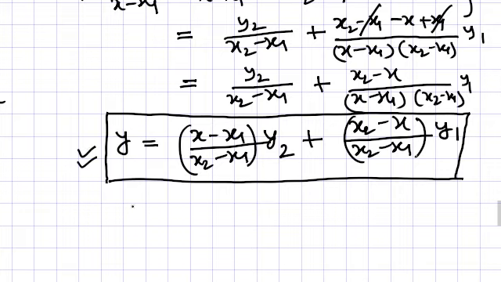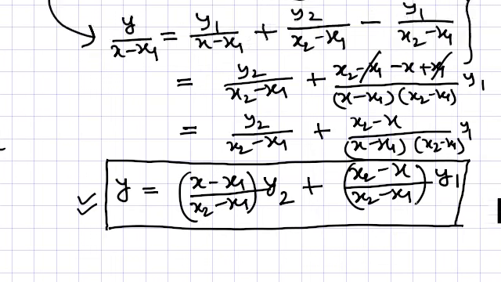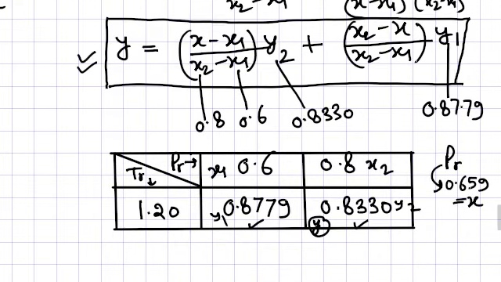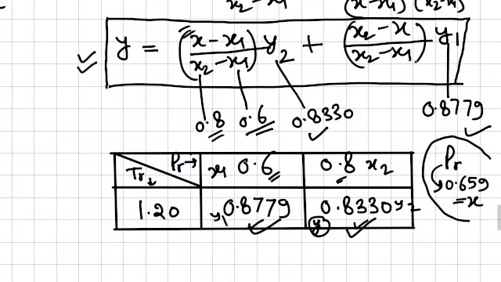Now you will put the values from here into it. So this way you will put the values. X1 is 0.6, as you can see here, and x2 is 0.8, and then y2 is the z value, this, y1 is this value, and x is this value, at which you have to find the value, and this is your final z, y.